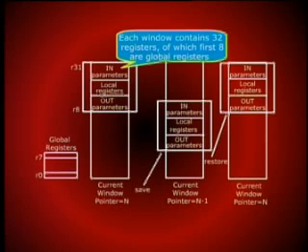Each window contains 32 registers, 8 for global and 24 for the local or input-output parameters. We have input parameters passed on to a procedure, then output parameters taken out of this procedure, and then 8 words for the local variables to that particular procedure.